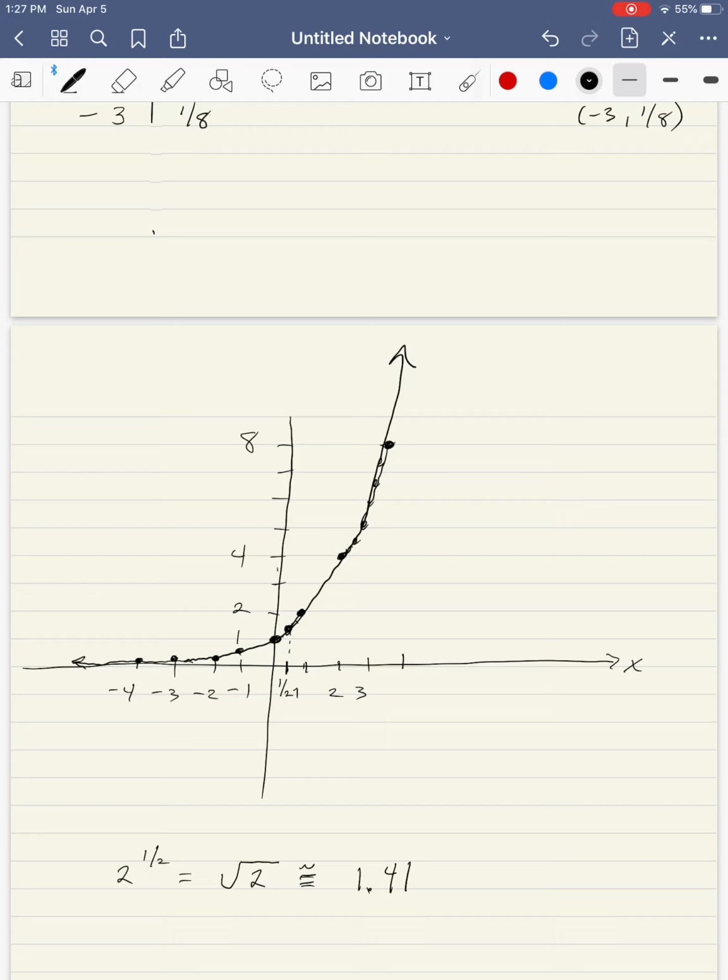For instance, if I went out here to the number pi, and remember pi is approximately equal to 3.14, etc. So it's out here a little bit past 3.